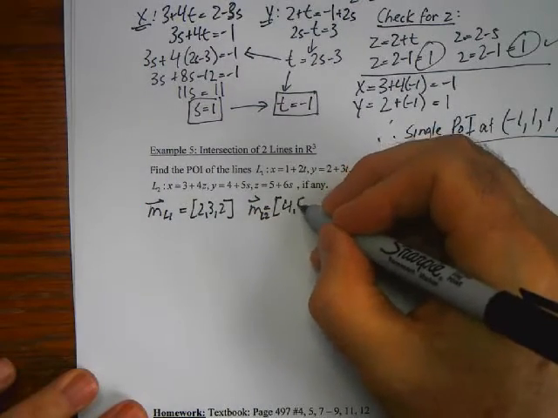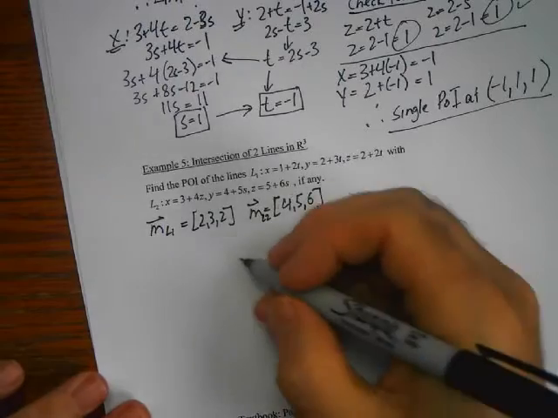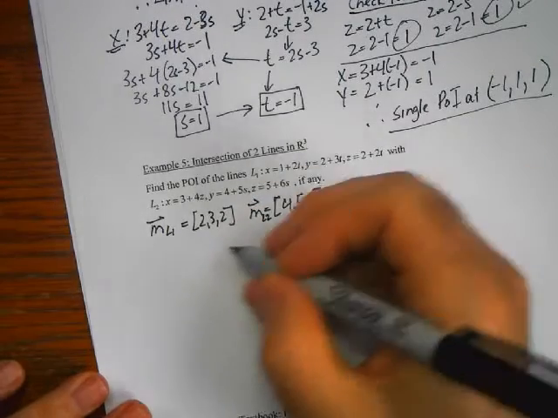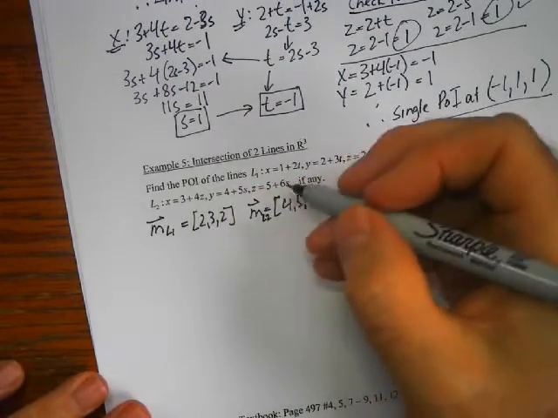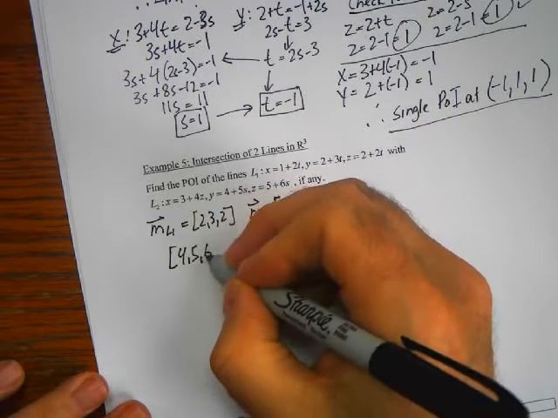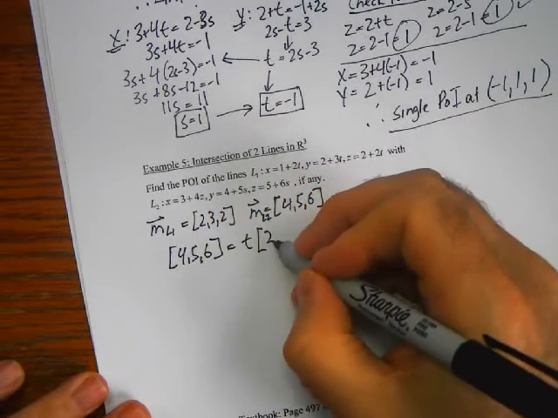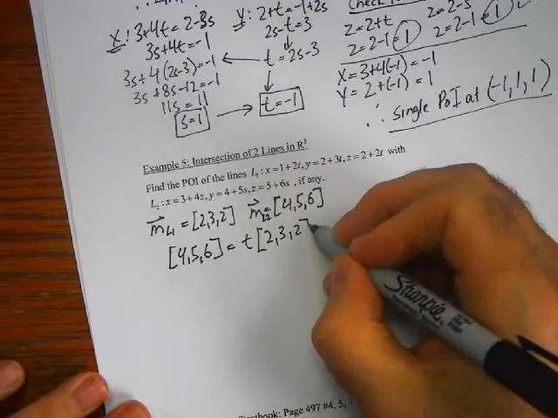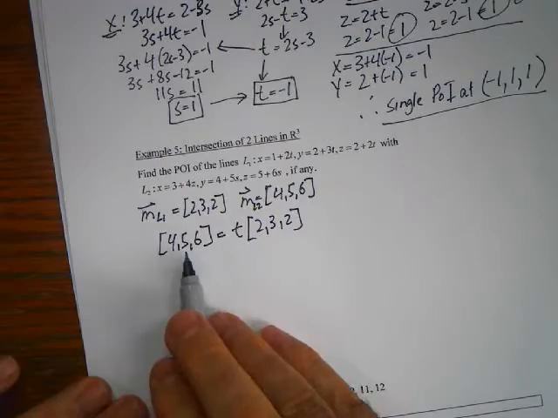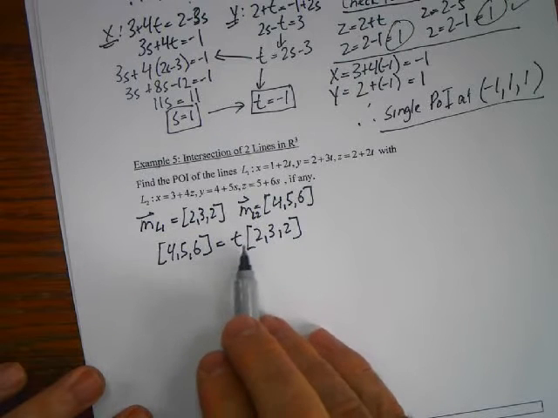Okay, let's do this in this order this time. Can I make an equation like this, where I have a scalar multiple? Can I create this vector from a scalar multiple of this? Well, for the first component to work, t would have to be 2.